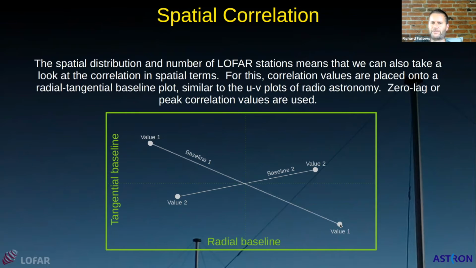So at either end of this baseline, we place the value 1 of either the peak of the cross correlation function between them, or of the zero lag cross correlation value between them. We take our next pair of stations. We have a different cross correlation function, different baseline, and do the same again. And we gradually start to fill up this plot with different points, which you end up with a symmetrical pattern.